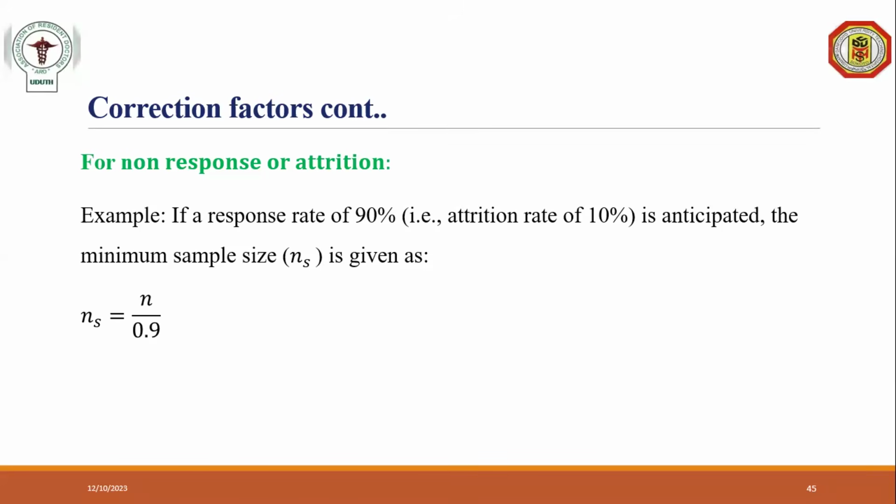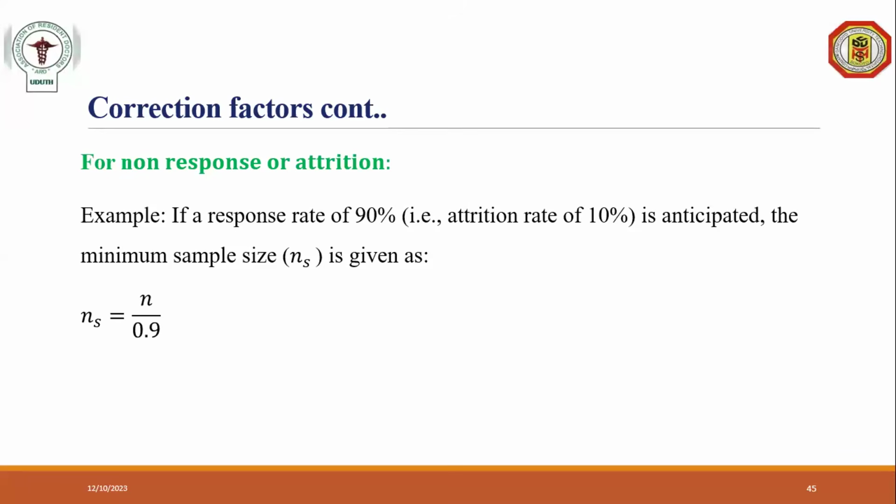And how do you correct for attrition? NS, the overall sample size, will be equal to N over 0.9. If your response rate is 90%, you are anticipating 90% of all the participants to respond correctly, then that is a 10% attrition rate. If you are using a 10% attrition rate, this is how you correct for non-response: NS will be equal to N over 0.9.